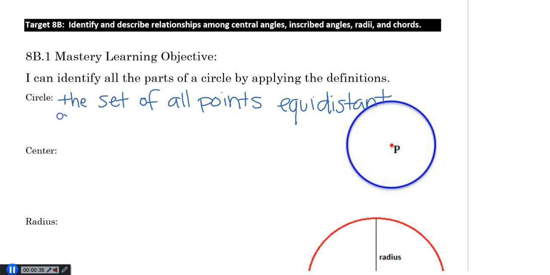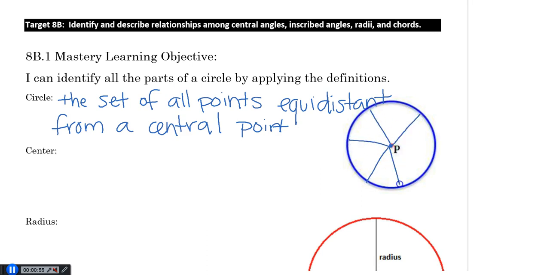So equidistant from a central point. Right? A circle, if you want to think about this, from this point, you're going the same distance in all directions, right? And going the distance all the way around the circle is 360 degrees.